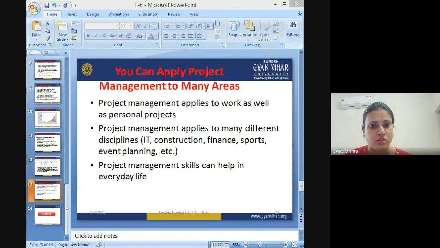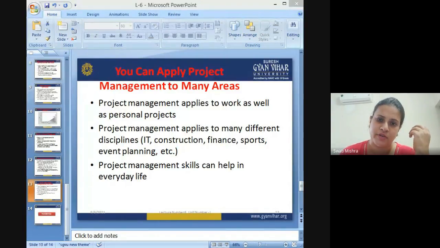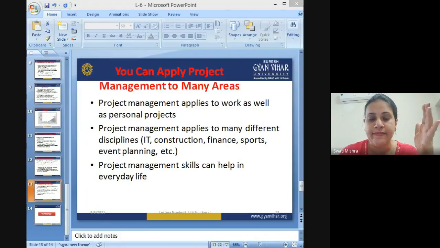Sports teams require project management a lot, because through all these different scientific techniques, they can design their game strategies, as to how they are going to play in the next match.